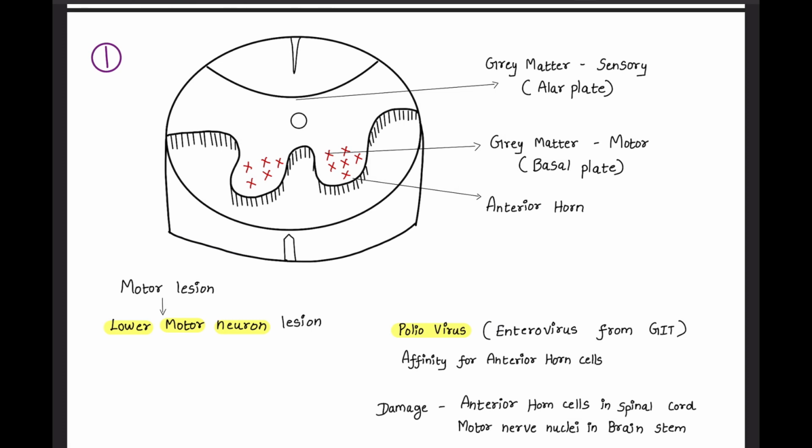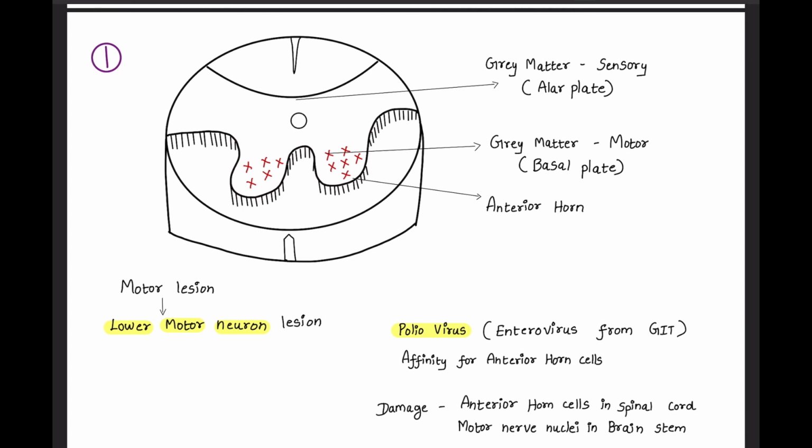Now, in a spinal cord, you have white matter and gray matter. The gray matter near the sensory area, that is near the dorsal column, is known as the alar plate. The gray matter near the motor area is known as the basal plate.